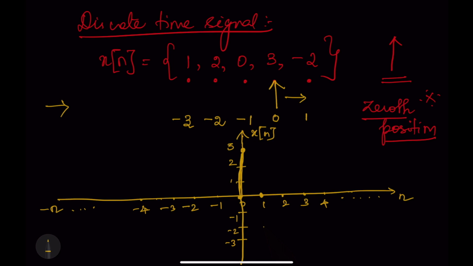So the signal becomes here. When it is minus 1, it is going to take the value 0. So I plotted here. When it is minus 2, it takes the value 2. And again, when it is minus 3, it takes the value 1.